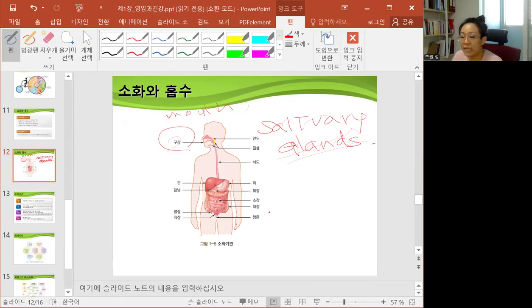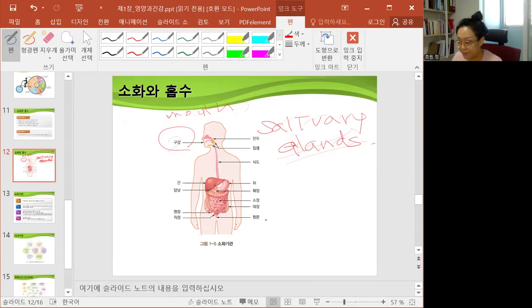Digestion begins in the mouth, also called the oral cavity. This is the first step of the gastrointestinal tract.